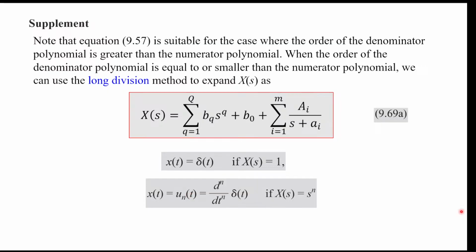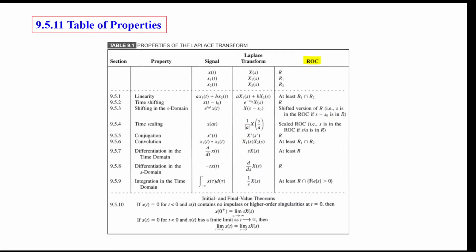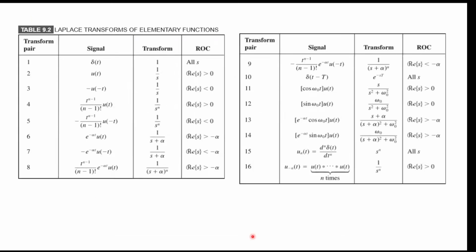Okay, and here we have a table of properties for Laplace transform, just for you to see, and also pairs of Laplace transform. And I guess here we can group together those that are important for doing inverse Laplace transform. So it's those things. Yeah, should be these ones.